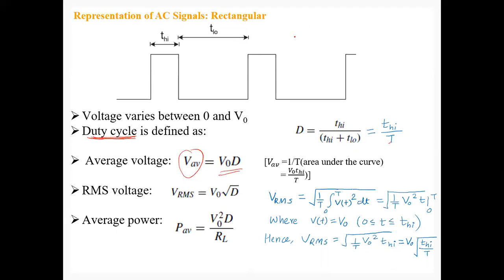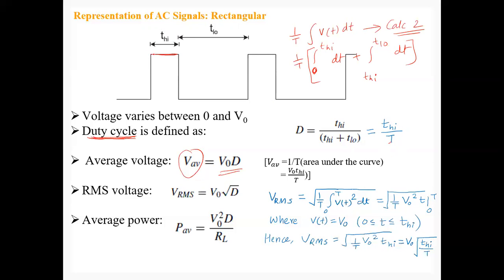How do you do that? How do you define average? 1 over T integral of V(t) dt. This is how you define average, calculus 2. In this case, you can write this as the integral from 0 to T high plus the integral from T high to T, dt. From 0 to T high, what is the voltage?